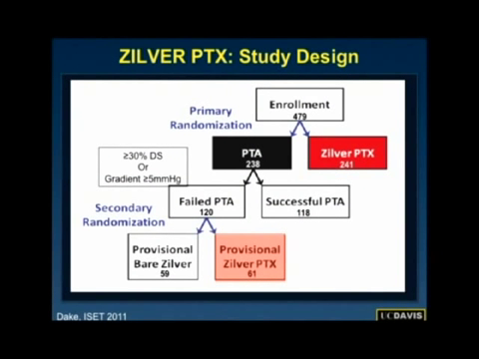I can't say that I fully understand all this trial design myself, but whoever designed it may have been at least partly ingenious, because they designed many bifurcation points here, and I think many opportunities for the ZILVER PTX stent to look excellent.